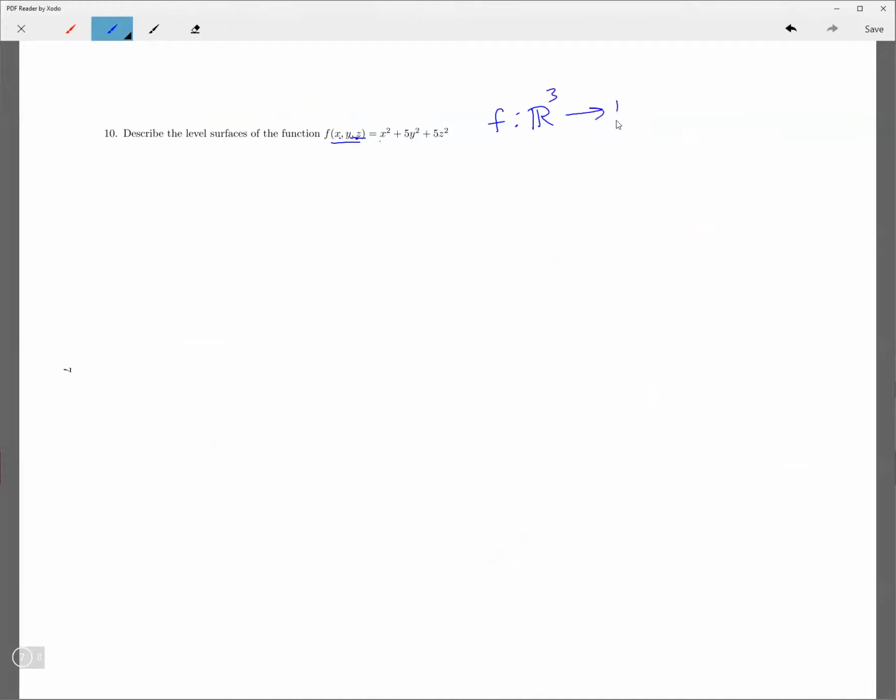You're taking 3 variables to 1 variable. So to graph it, we would have to look at it something like this. W equals x squared plus 5y squared plus 5z squared. Like that.